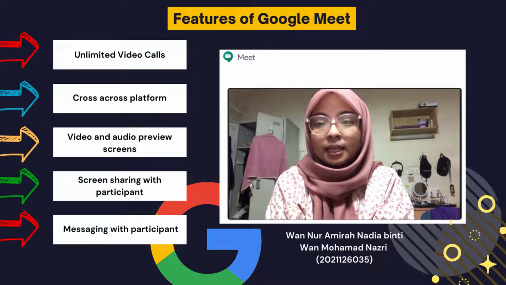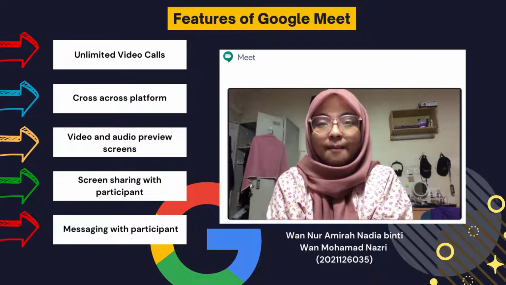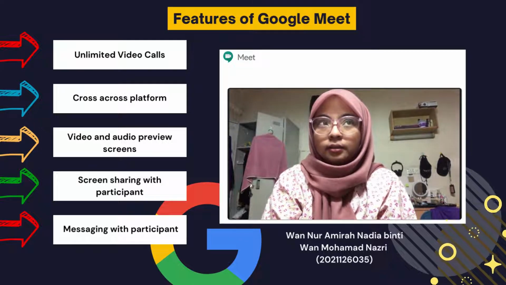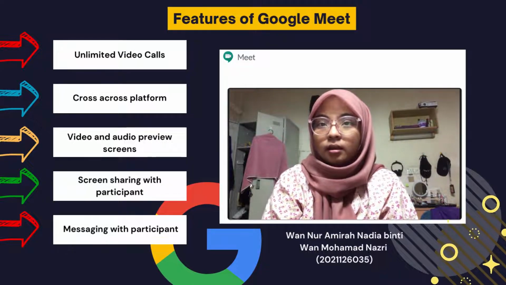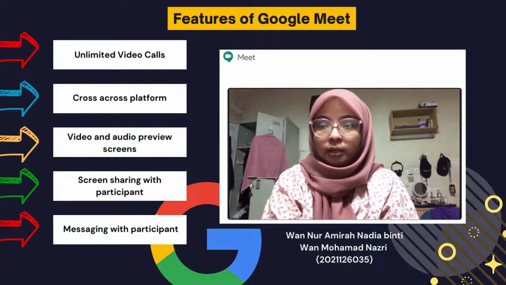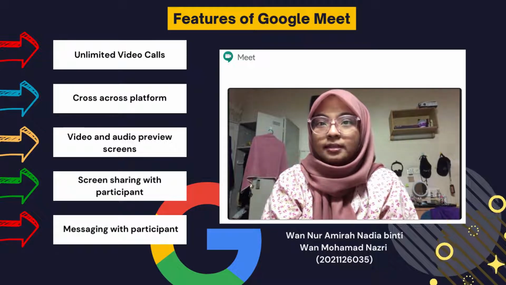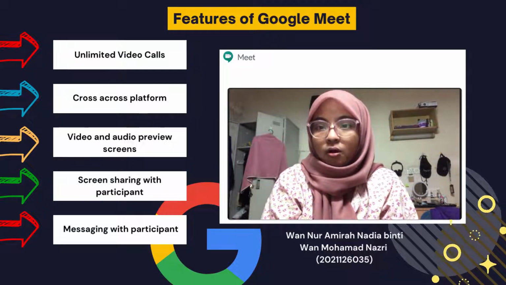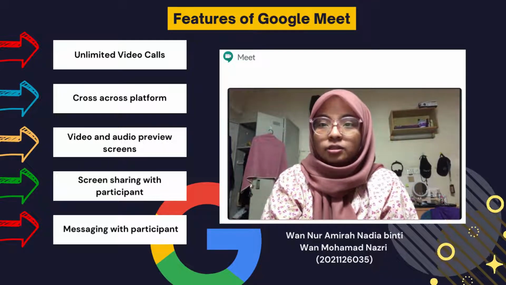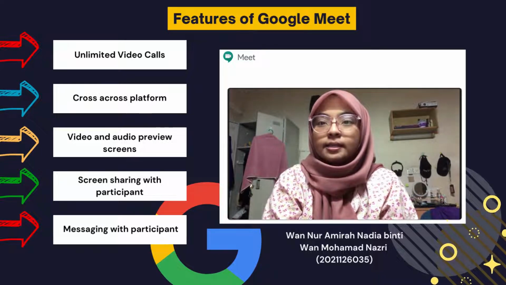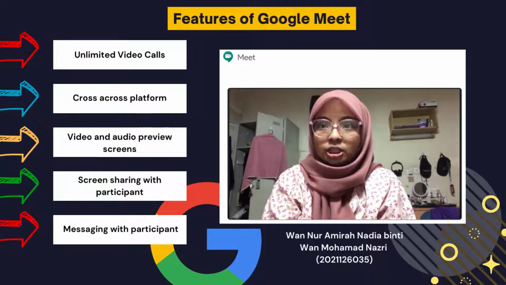Last but not least, we have meeting recaps in Microsoft Teams. During the online meeting, we can see that there is a chat group inside the meeting. So there is a place where we can discover a summary after the meeting has ended. We can see what has been discussed in the meeting by using this feature.